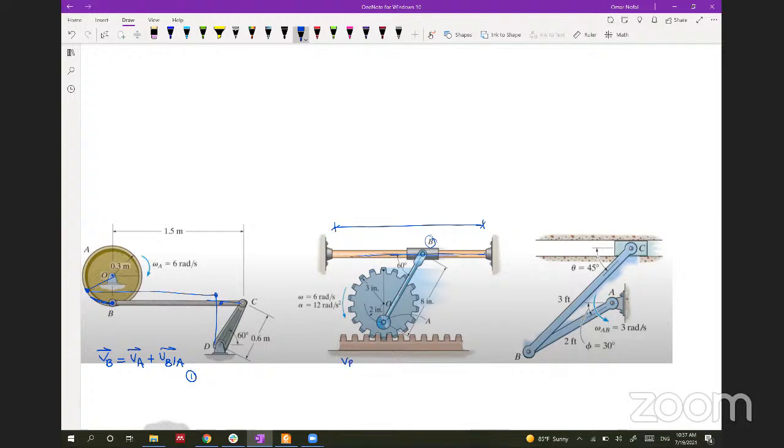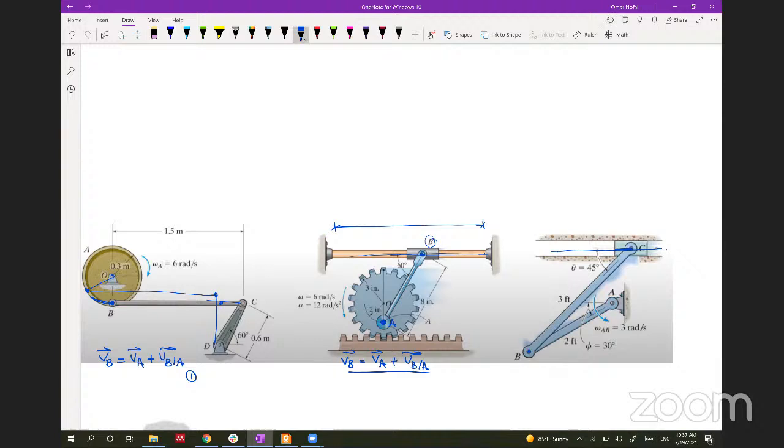So we can say that VB is equal to VA plus VB with respect to A. So we can solve this from knowing the velocity at point A here. Similarly here, point C is slipping on a fixed path, so we can also solve this with the velocity of B, using the same equation.